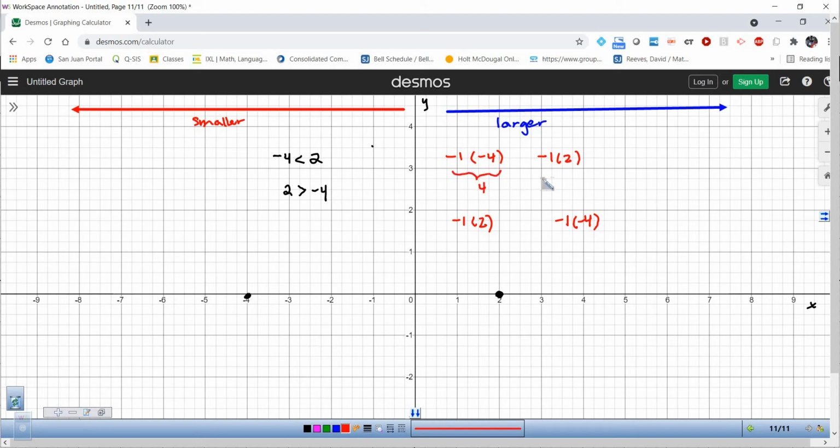I end up with 4, and then here I get -2. When I do this one, I get -2, and here I get 4. So you can see by multiplying by -1, they became the opposite. -4 became +4, 2 became -2, and that's always going to happen when you multiply or divide by a negative. The numbers become the opposite.